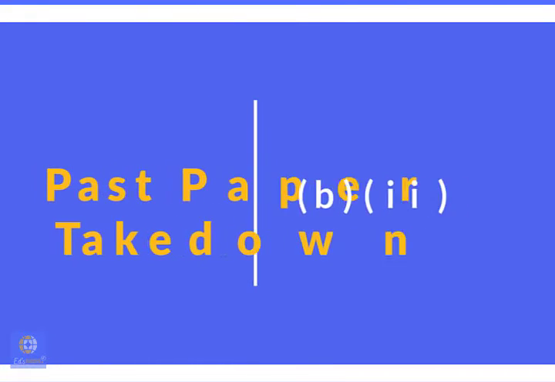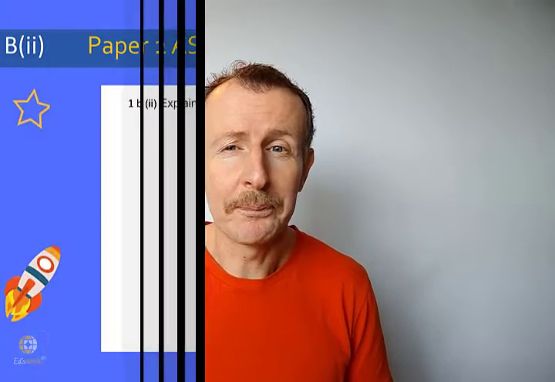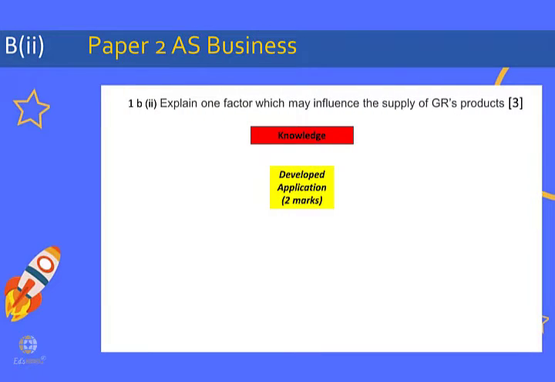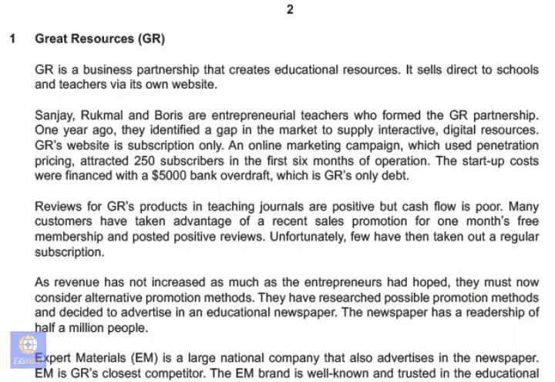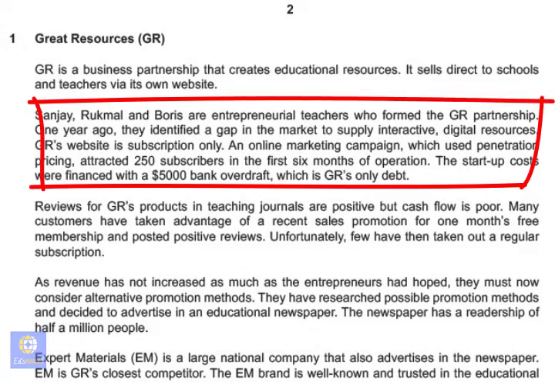There's 3 marks for this question, so that is 4.5 minutes if we've got 90 seconds per mark on paper 2. The command word is explain. To secure all the marks, we need one knowledge point followed by developed application. We need to refer to the case study as there is a clear reference to the case study in the question.